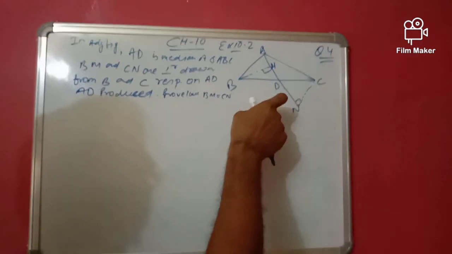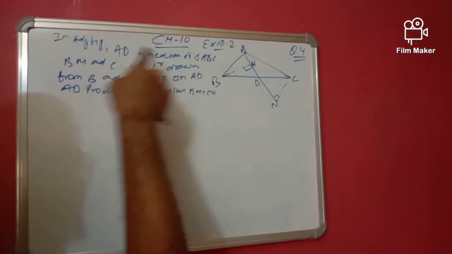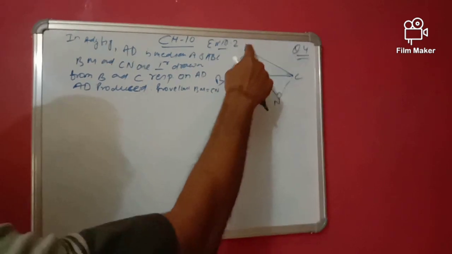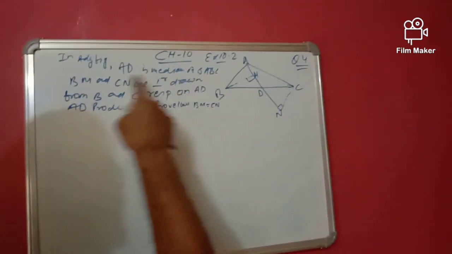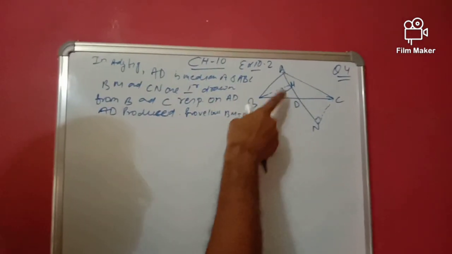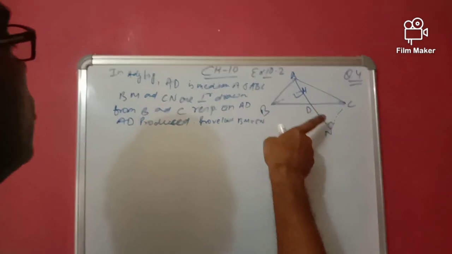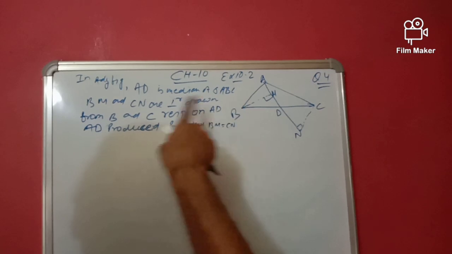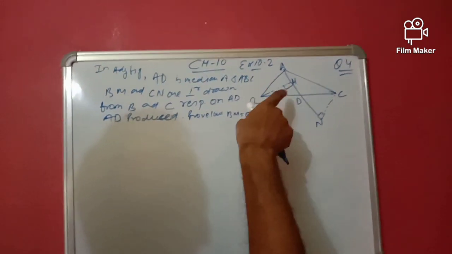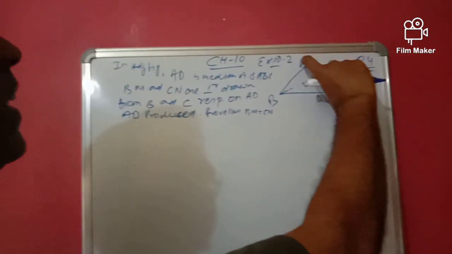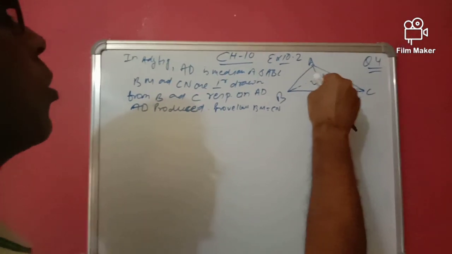In the given figure, AD is median of triangle ABC, BM and CN are the perpendiculars drawn from B and C respectively on AD and AD produced. Prove that BM equal to CN.